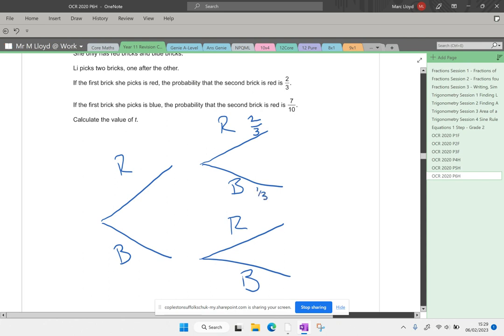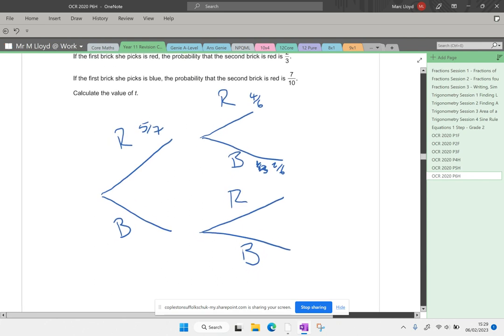What I'm thinking is, though, that she has got blue bricks and there's a probability of it. So this can't be 3/3 to then go to 2/3. So I'm going to unsimplify that and have 4/6, which makes that 2/6, which makes this previous pick 5/7 potentially. Okay, if she picks a blue one first, probably the second one is red, is 7 over 10. Okay, so that then makes 3 over 10.